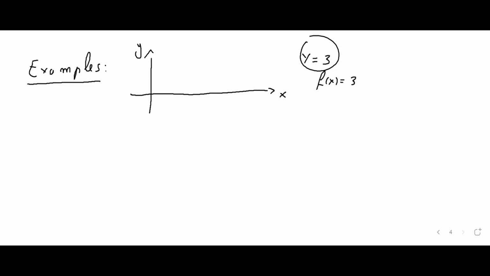Indeed, folks, this horizontal line is going to look like this, at 3 here. And it's very easy to say what the slope of a tangent line is.